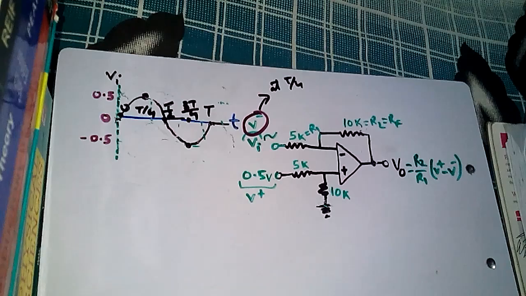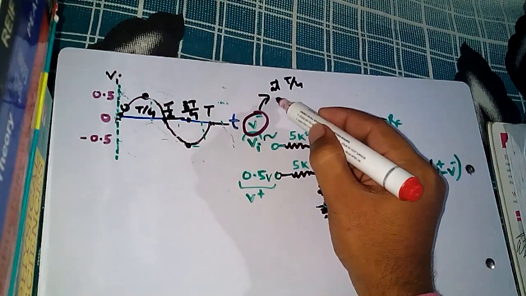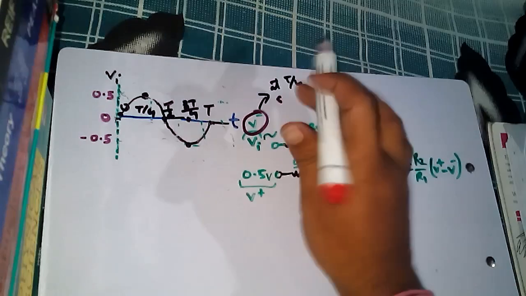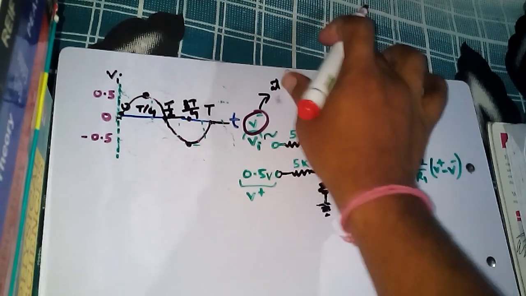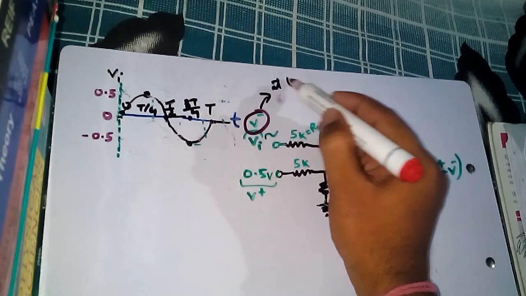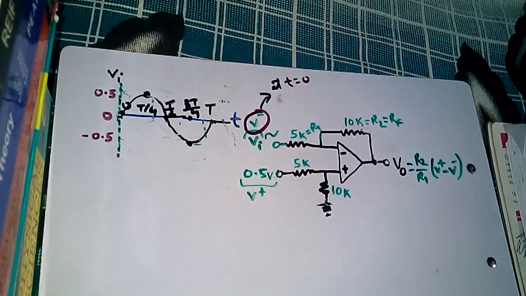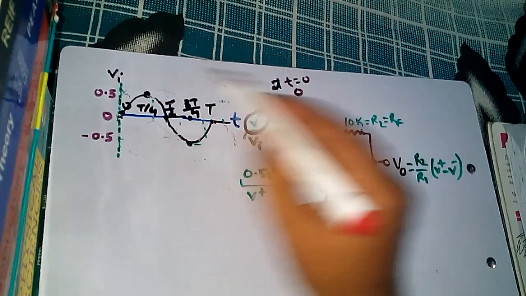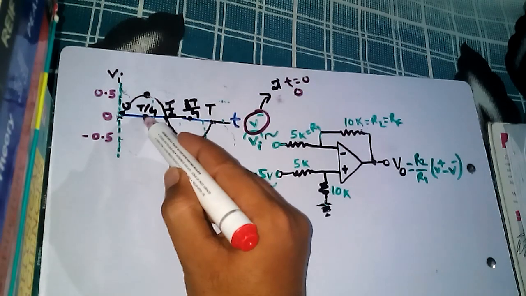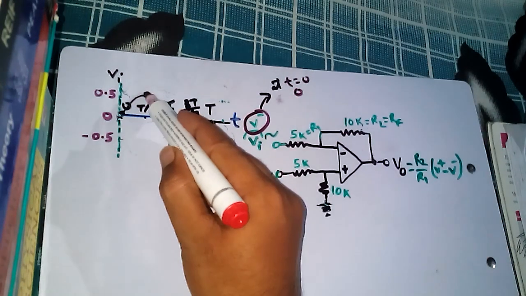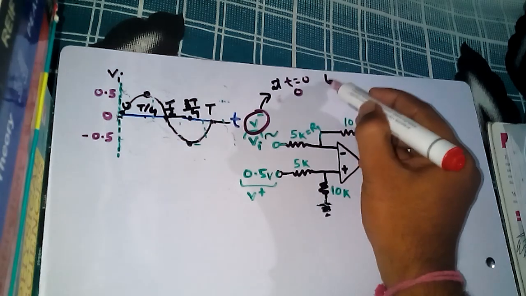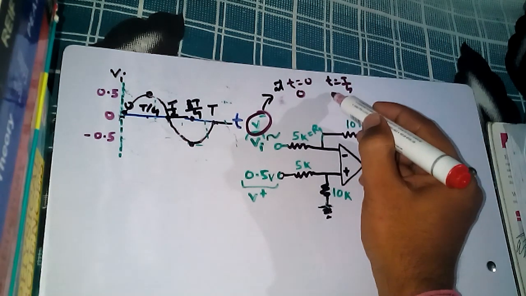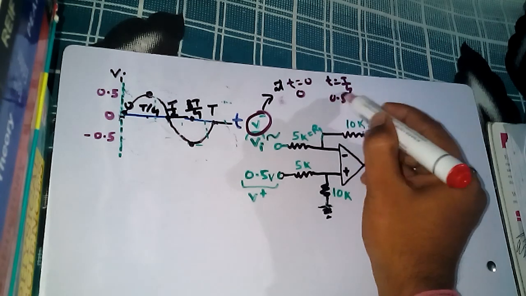At T equal to 0 the voltage is 0. At time T by 4 the voltage is maximum, 0.5 volt.